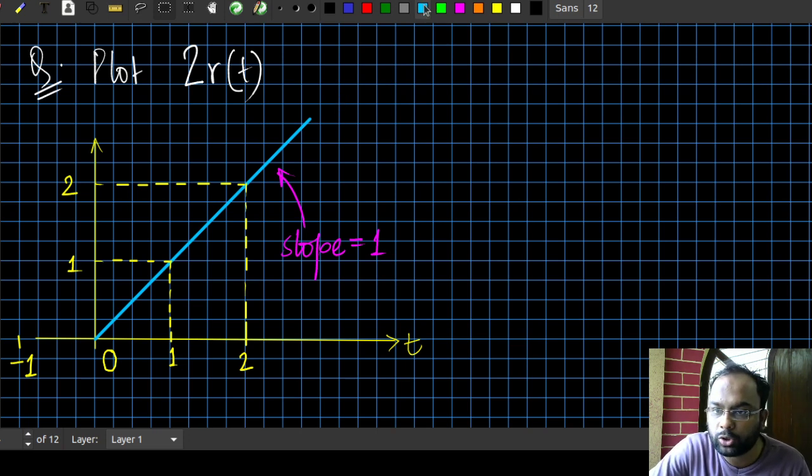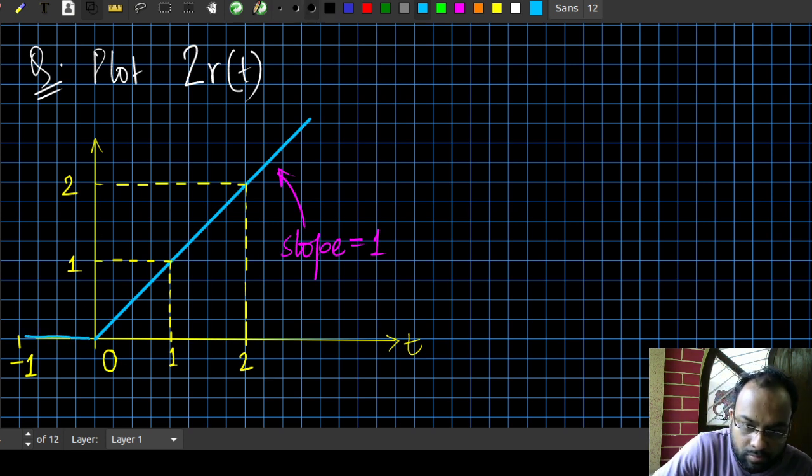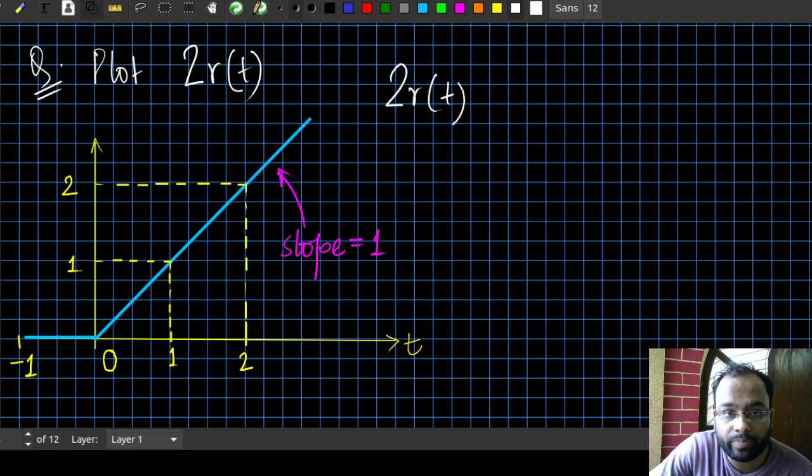Do tell me what happens with 2r(t). Yes. So for 2r(t), the slope will simply be equal to 2, right? So 2r(t) obviously will be this.